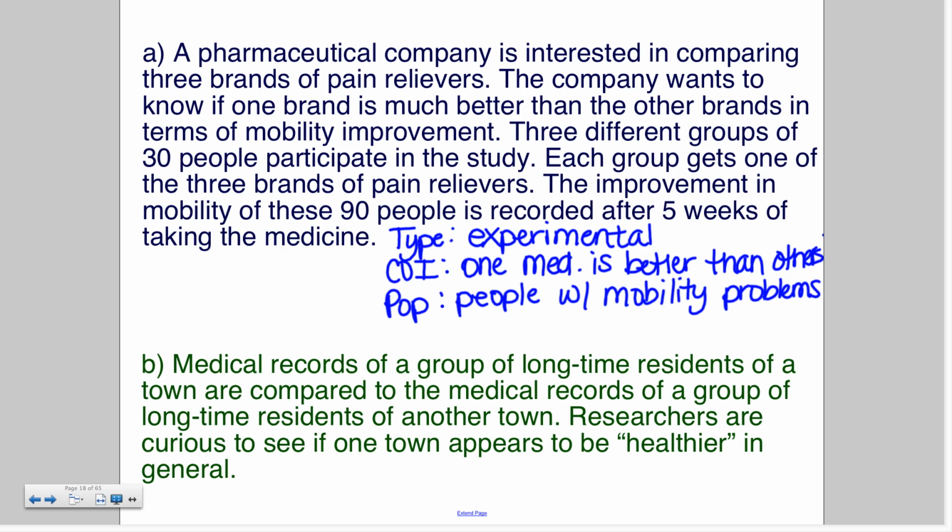And then my sample is the ones that I take out of that. So the people that I take out of mobility problems, so usually a number or a little set. I'm going to have 3 different groups of 30 people, so 90 people that have the mobility problem. So 90 people, okay?